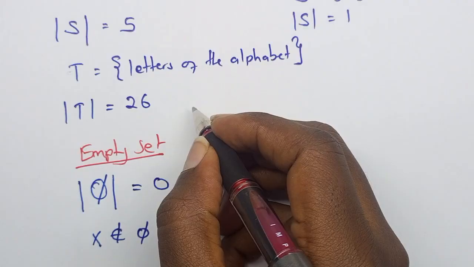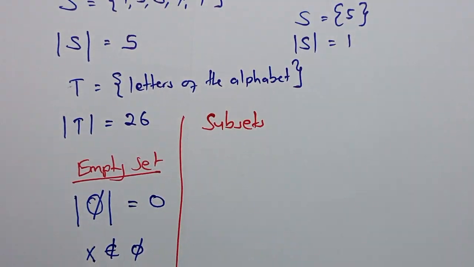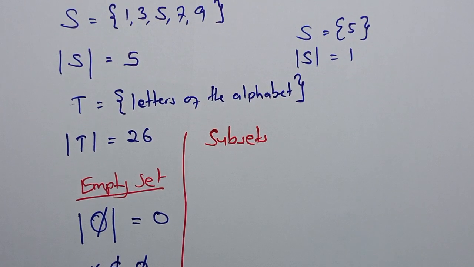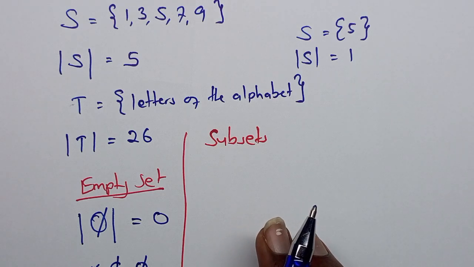Now we have what we call subsets. A set is usually a list of things which can be further subdivided. For example, owls are a particular type of bird. So every owl is also a bird. So we express this in the language of sets by saying that the set of owls is a subset of the set of birds.